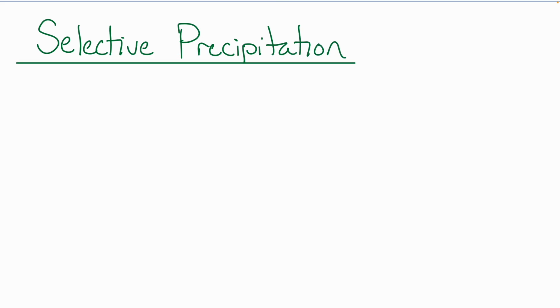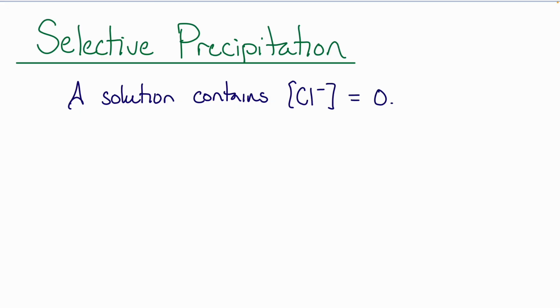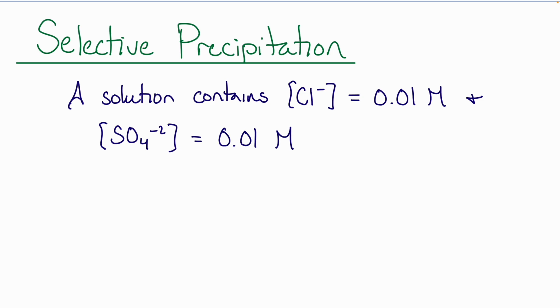All right, so lastly, we got to talk about what's called selective precipitation. I have a solution, and it contains a concentration of chloride equal to 0.01 molar and a concentration of sulfate equal to 0.01 molar.